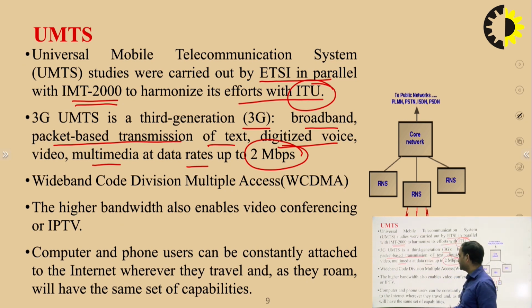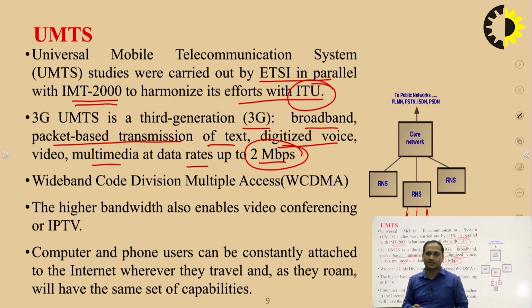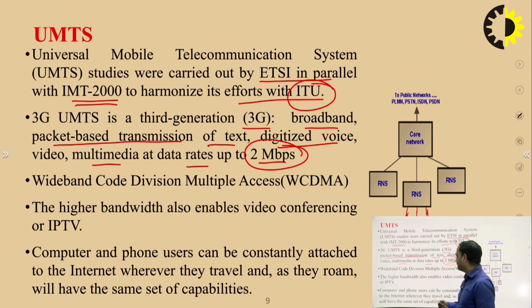The data rate is improved up to 2 Mbps by changing the architecture of the EDGE network, right? Or we can say changing the network in GSM. The basic concept is the same, but the enhancement in the architecture is used to improve the data rate.